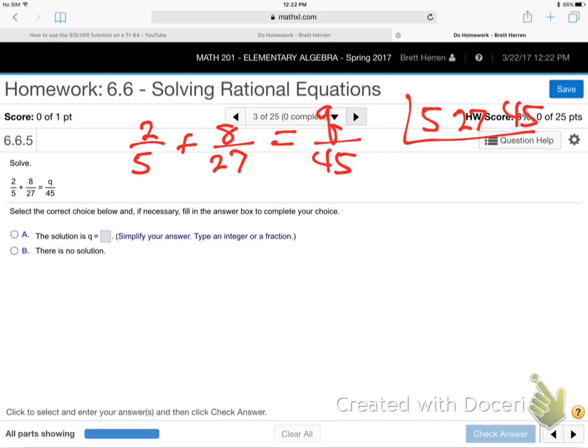Do 3, do 5, right? Do 9. Start breaking that down. That makes 135. See if you get 135, that should be your LCD.